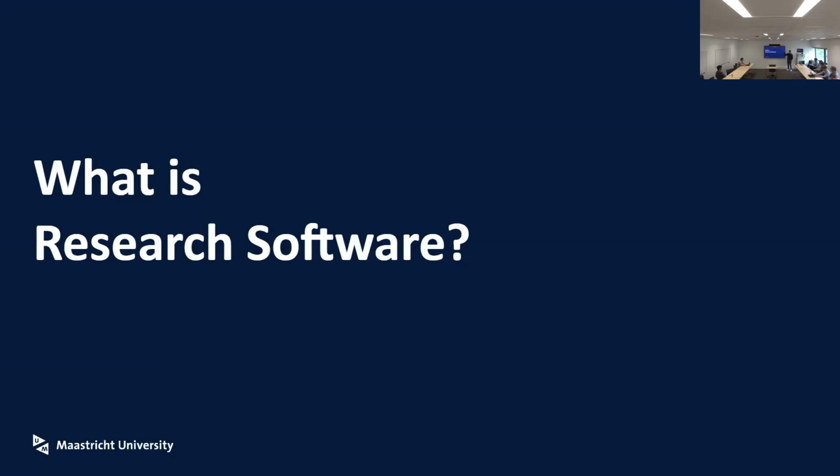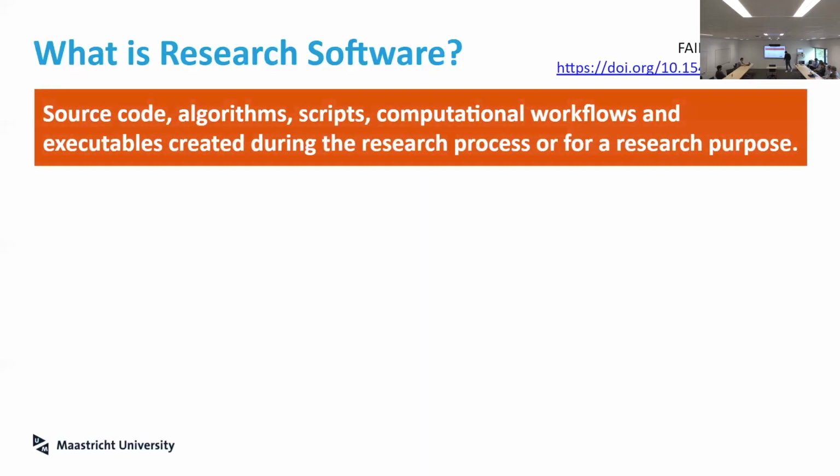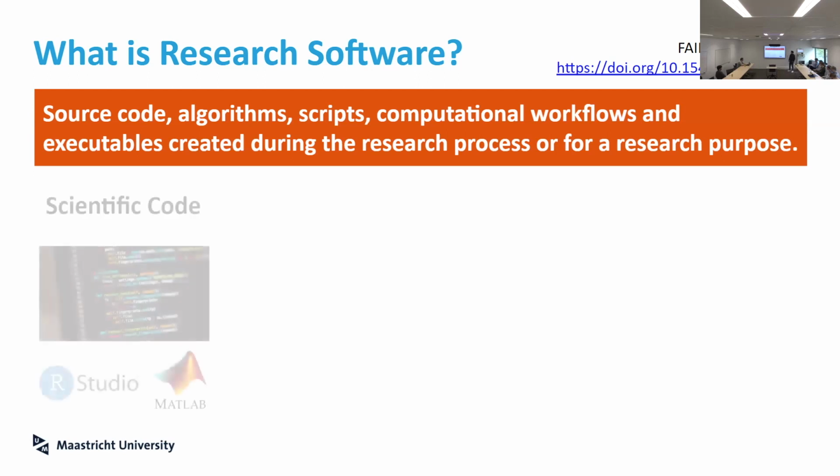But before we get into the detail, let's agree and review what the definition of research software is, right? According to the FAIR for Research Software, Research Data Alliance definition, it's any source code, algorithms, scripts, computational programs, really any executable that is created for research purposes or in the process of doing research, right?